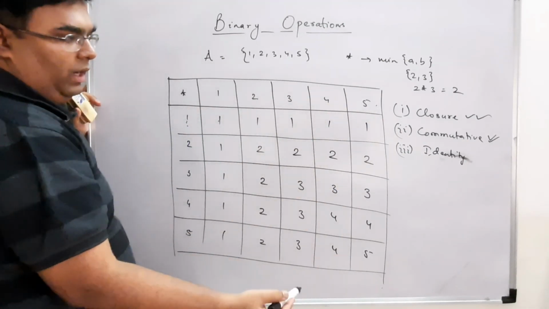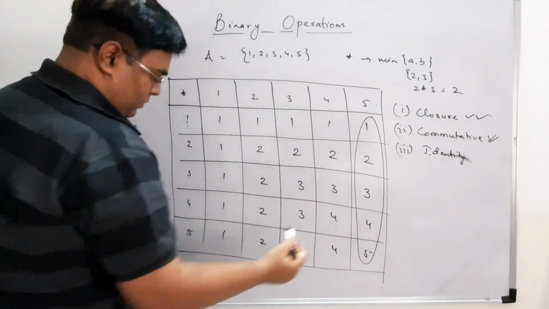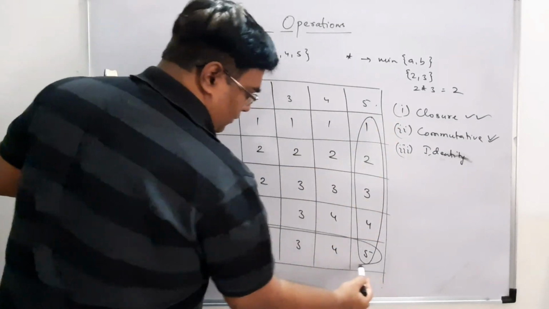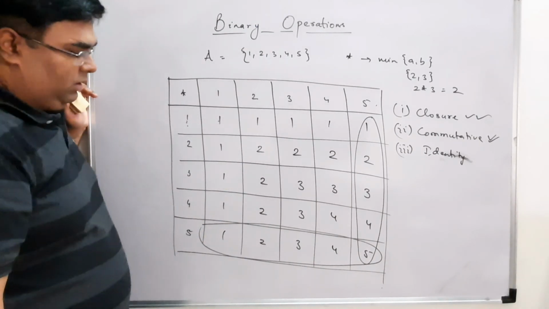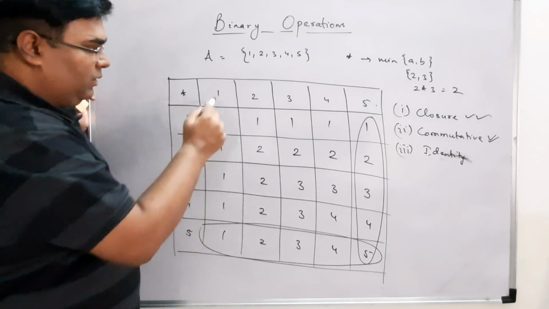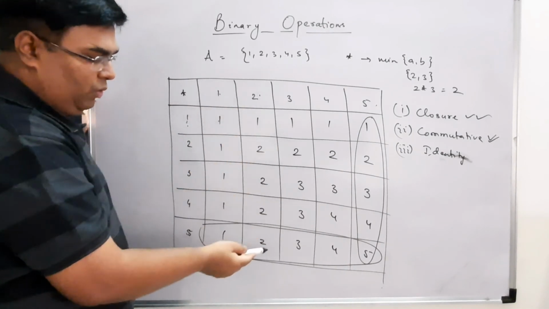So basically, if you look at this column and this row, this is giving you the same element. 5 operating with 1 gives 1, 5 operating with 2 gives 2.